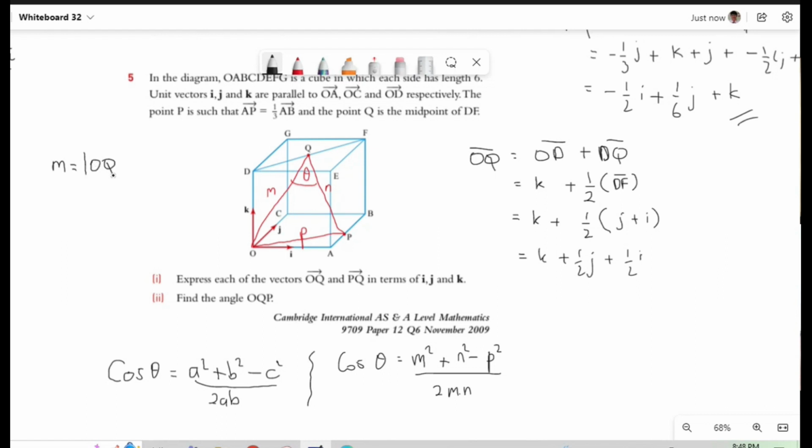So m actually is the length of vector OQ, and we know that vector OQ, we already found before, is k plus half j plus half i. So the magnitude would be half from the i, half squared, plus half squared from the j, and 1 squared from the k.